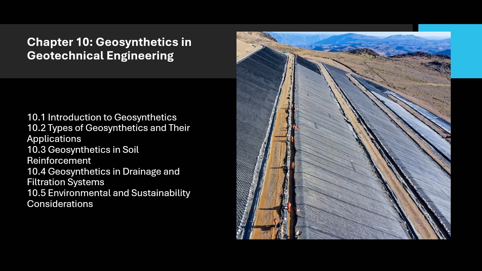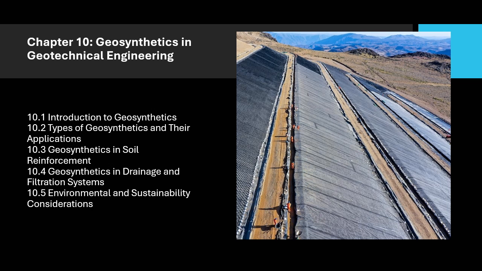10.3.2 Types of geosynthetics used for soil reinforcement. Several types of geosynthetics are commonly used for soil reinforcement, each offering unique benefits and applications based on the specific needs of the project. 1.